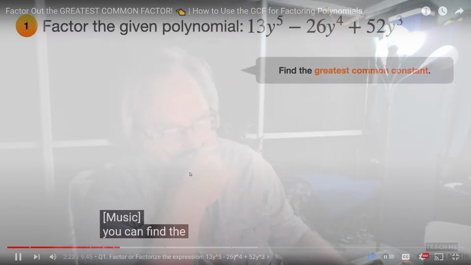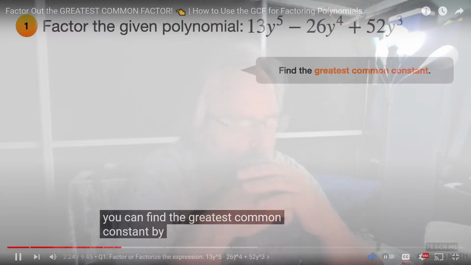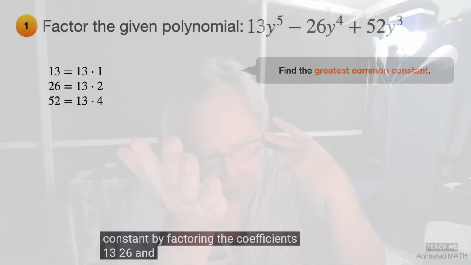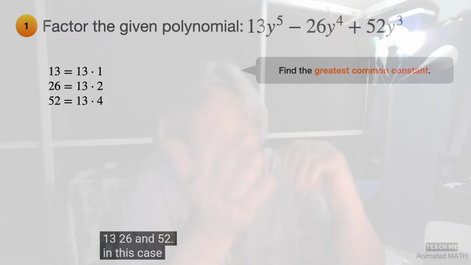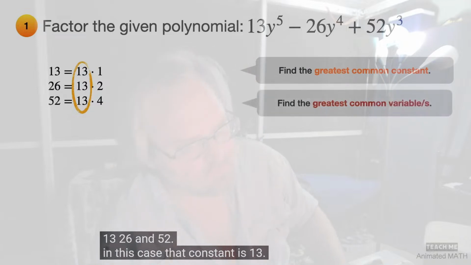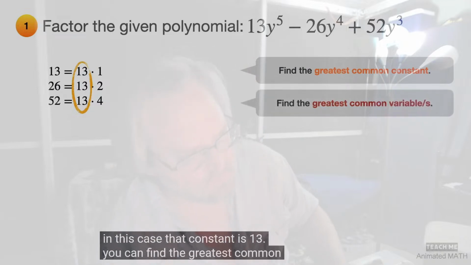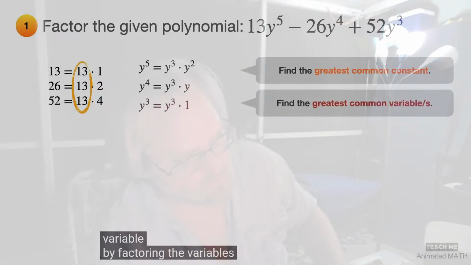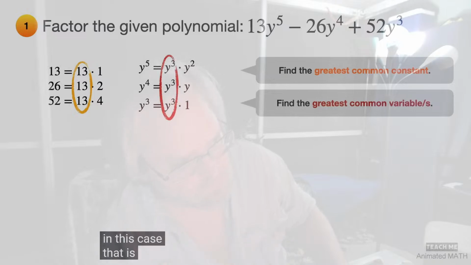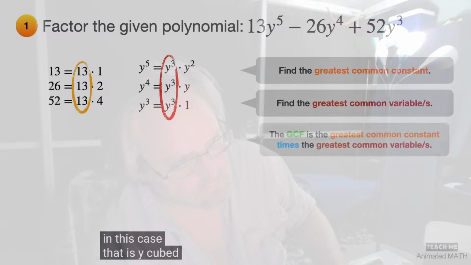You can find the greatest common constant by factoring the coefficients 13, 26, and 52. In this case, that constant is 13. You can find the greatest common variable by factoring the variables in each term. In this case, that is y cubed.